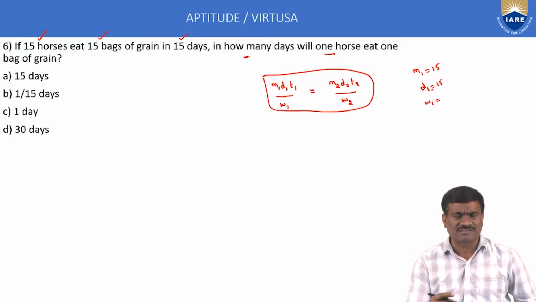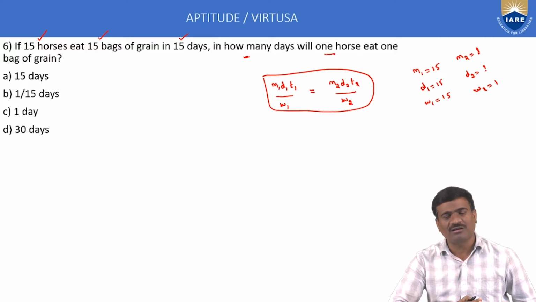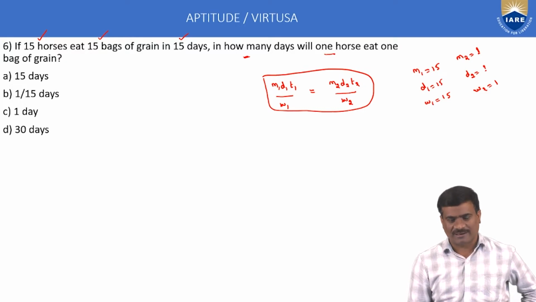Time is not given, so it is constant in both cases. W1 is equal to 15. Next, to calculate D2, the number of days: M2 is equal to 1 and W2 is equal to 1. One article, one bag. Bag indicates work.